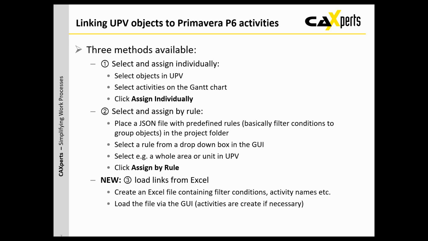And on the side of the UPV, you would have some filter conditions to combine the objects you want to assign to these activities. So with the Excel file, you can easily create the structure in P6, or you can even use, as I said, the customized version of 4D System to convert these Excel files to the animation files in UPV.